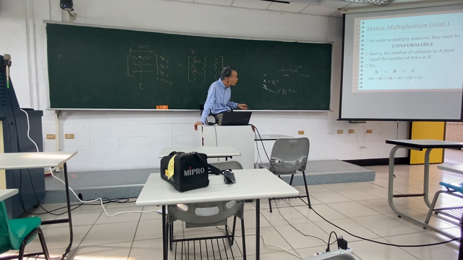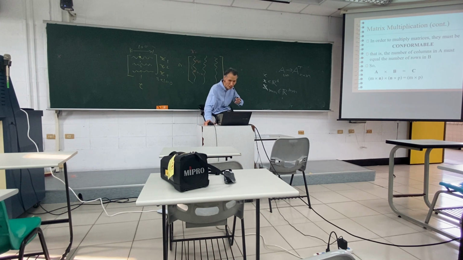The result size will be m by p. Just remember this. So when you read my class note, you will understand what it means and how to operate on your input data.